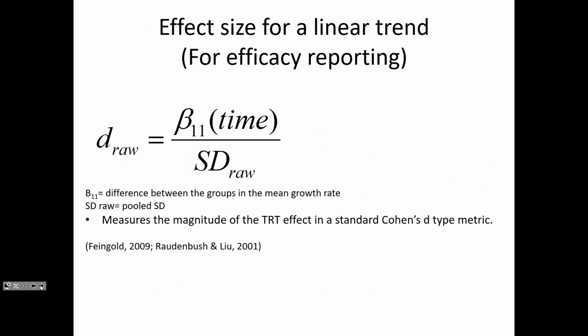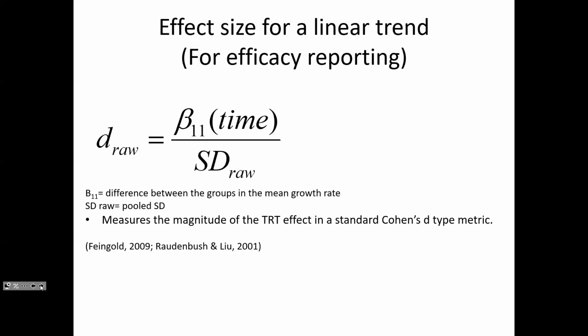And I do want to save this before we go to our program. So again, the effect size for linear reporting: if you're thinking about effect sizes for linear trends, what does that look like?